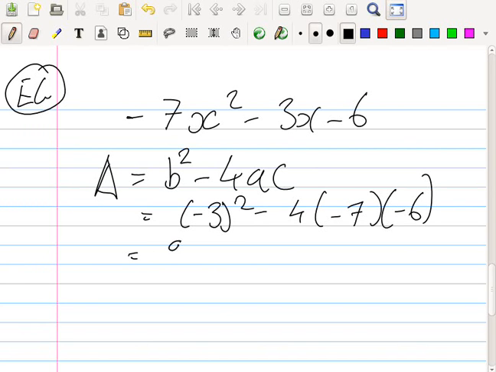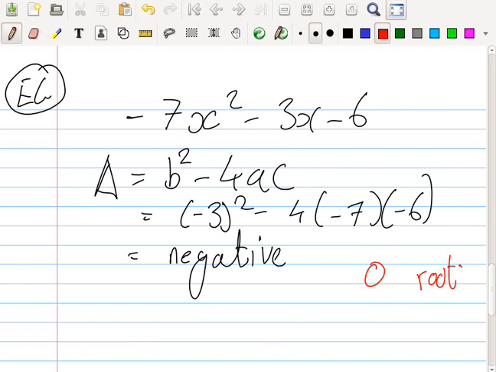That would equal 9 minus, I don't even have to check, this is going to be a big negative number, right? So I know already my answer is going to be negative. You can check it on your calculator, but this is going to be negative. So there is no root. So you're right, here there are 0 roots. In other words, this quadratic cannot equal 0. You cannot find any solutions here.